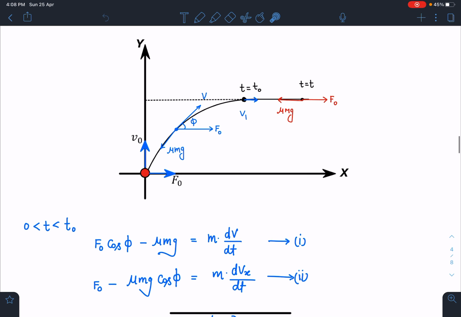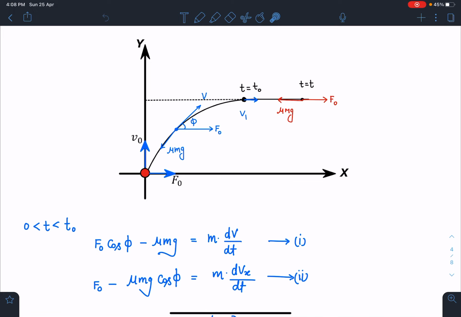So let's analyze the situation of this particle at any time t when its speed is v, and in horizontal direction a force of f0 is acting, and this is mu mg friction value, and let's say this angle is phi here, or you can take theta also.